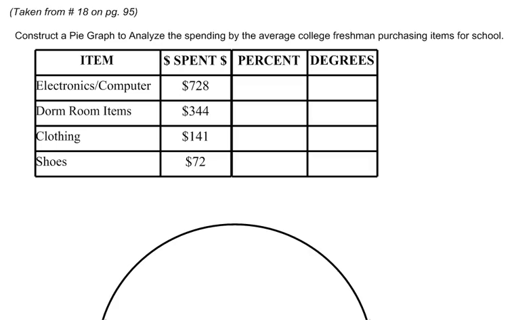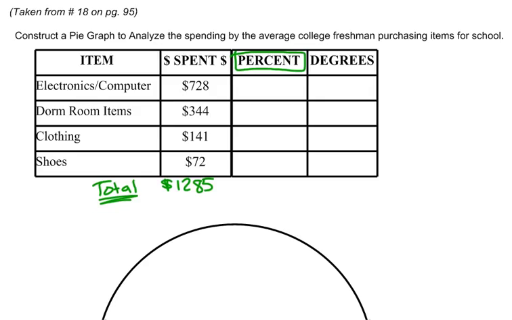So what we have to do first is find the percent that each category is using in the data. So what we have to do is get a total of all the things spent. So in this case, we're going to total up all of the money that was spent by college freshmen. And if we take a moment and look at this, we have a total of $12.85 here.